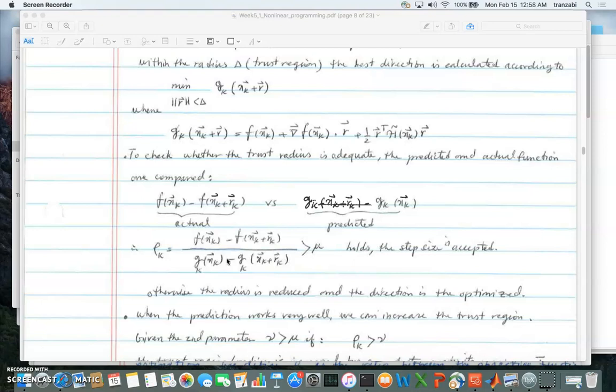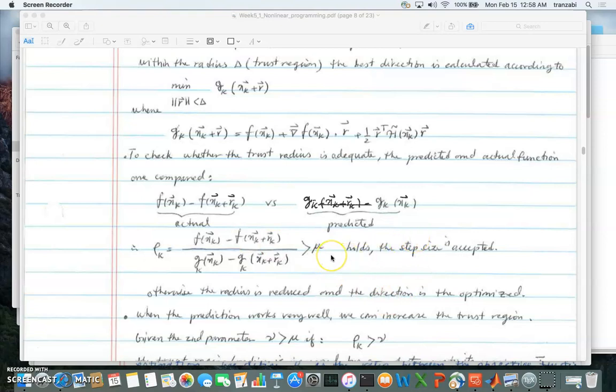Okay, so now we're going to look at this ratio. If this ratio is bigger than some predefined value, let's say mu, that means the change in the real function is more than expected. And if the reduction in f is more than expected, then we're going to keep that step size. So the step size is good, so we're going to accept the step size.